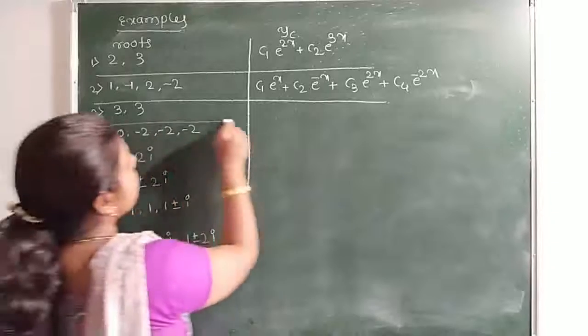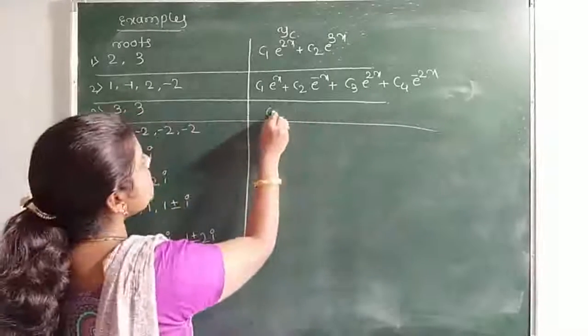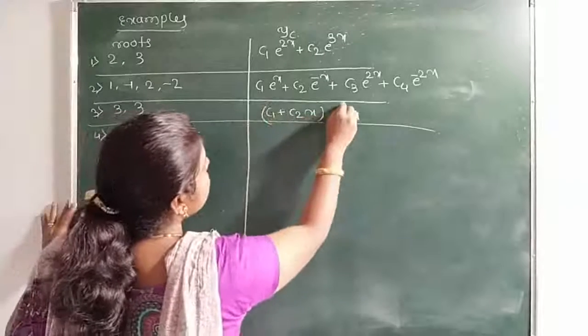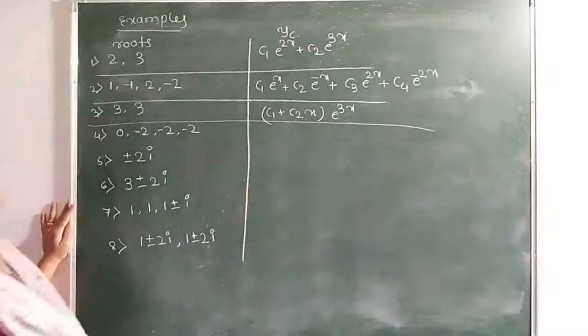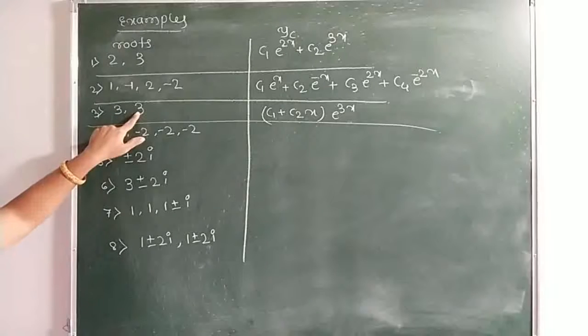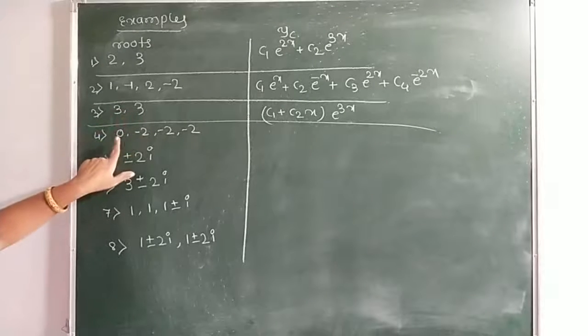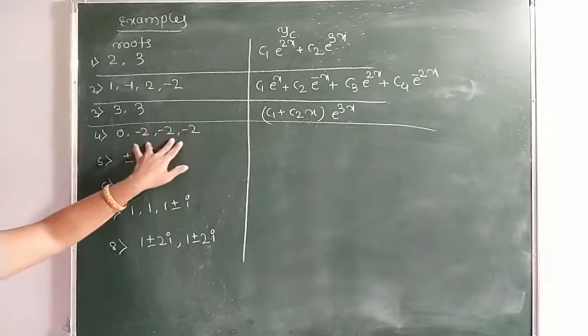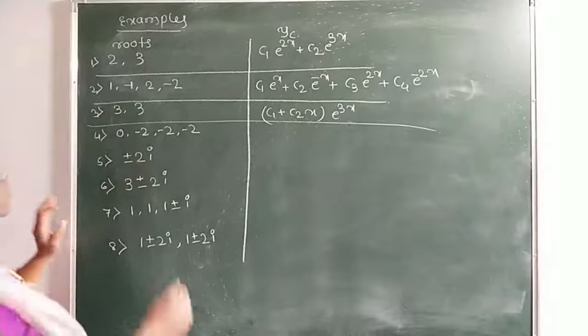Now, third one. The roots are the same: c1 plus c2x times e to the power 3x, because both roots are 3. Now, 0, minus 2, minus 2, minus 2. These 3 roots are the same and 0 is a different root.